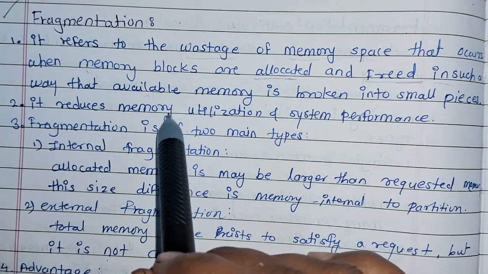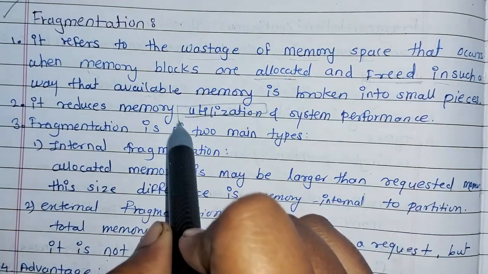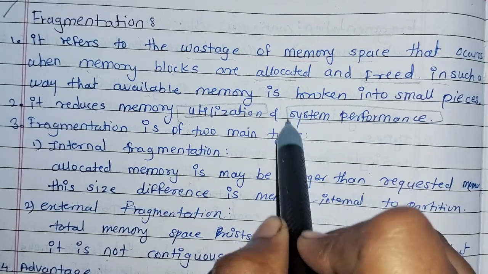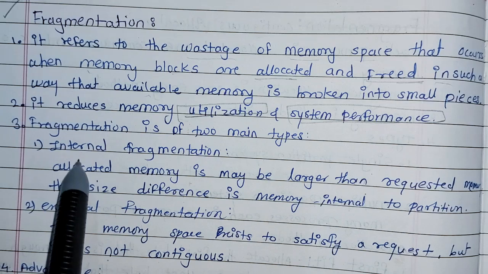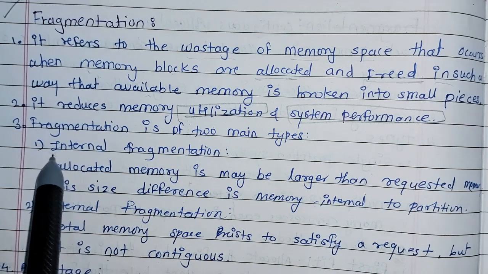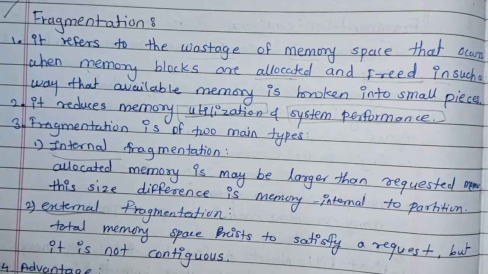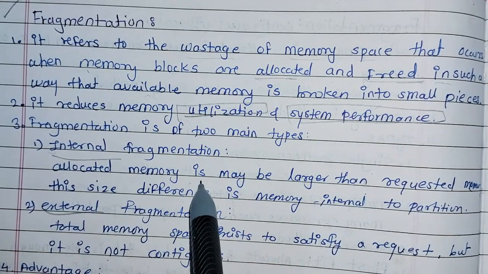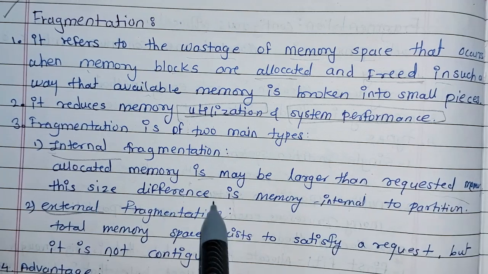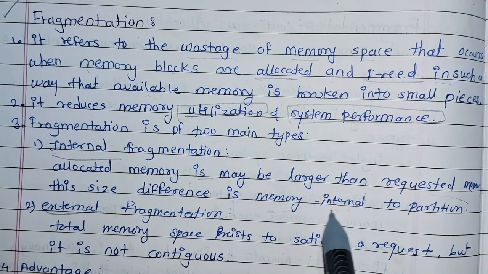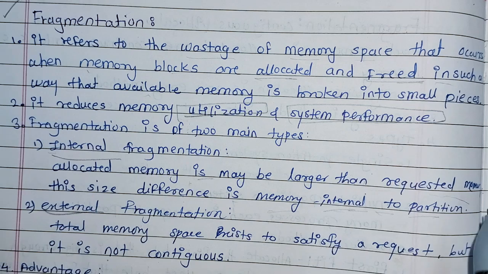It reduces memory utilization and system performance. Okay, fragmentation is made of the two types, internal and external. So what is internal? Allocated memory may be larger than requested memory. The size difference is memory internal to partition.